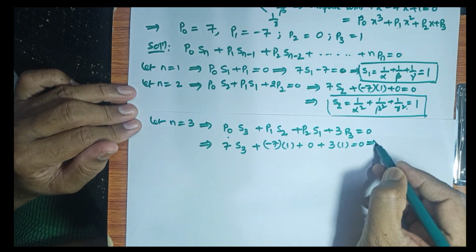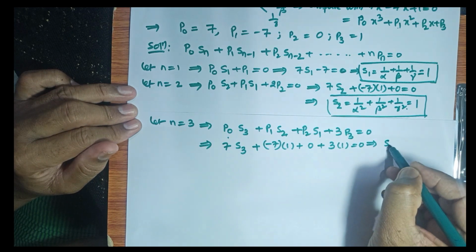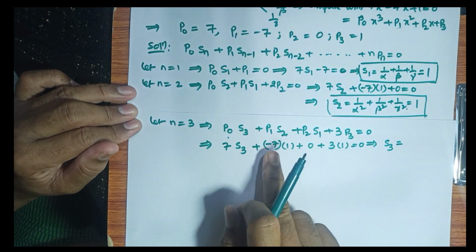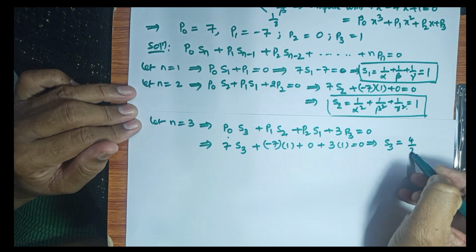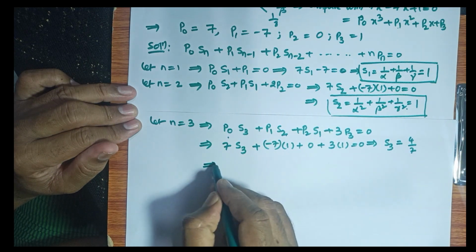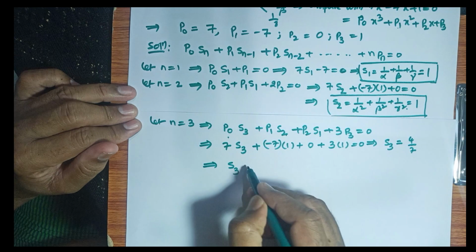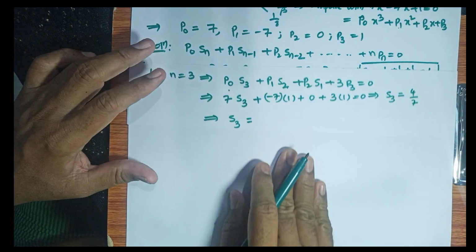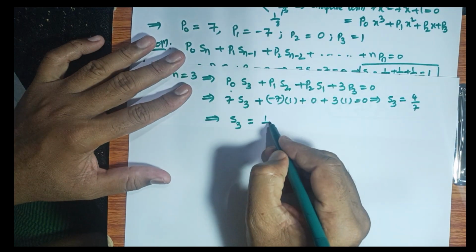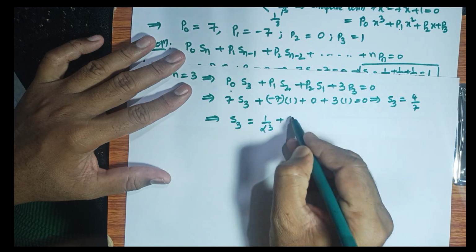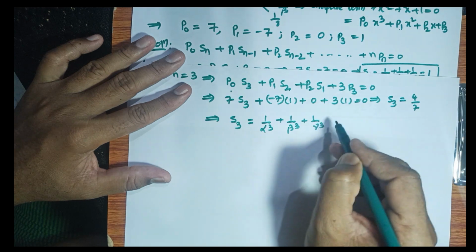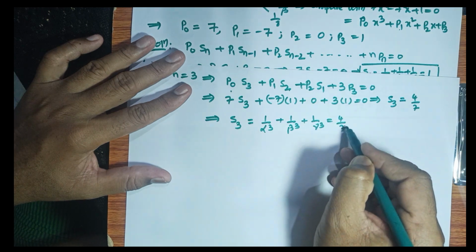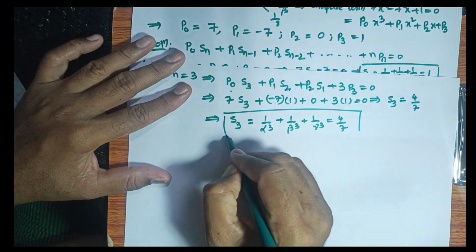So S3 is equal to minus 7 plus 3, that is 4, so 4 by 7. That means S3, meaning S suffix minus 3, is 1 by alpha cube plus 1 by beta cube plus 1 by gamma cube, is equal to 4 by 7. So this is the S3 answer.